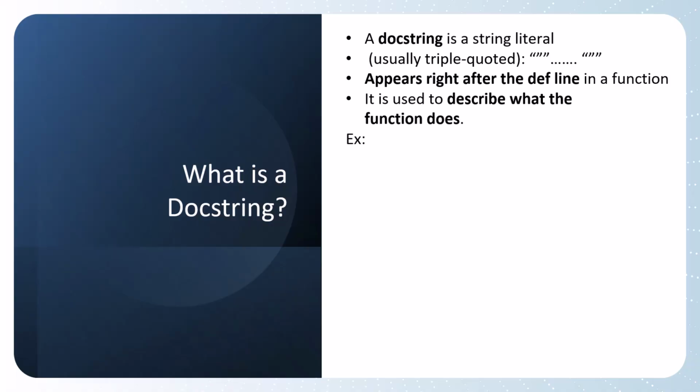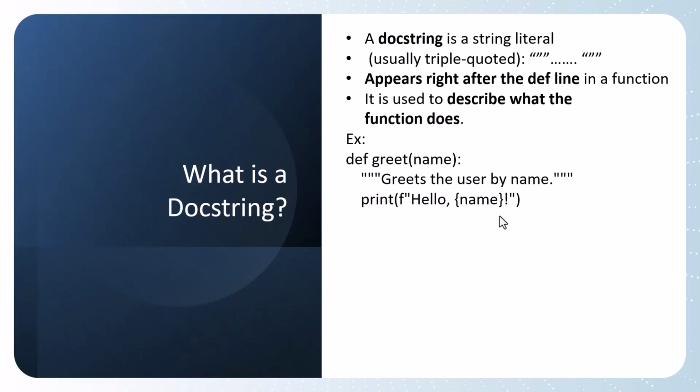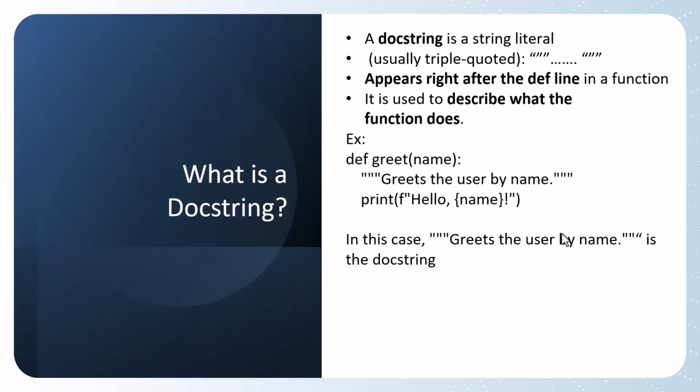It's just like a comment, another way of defining what the function does. So def greet name greets the user by the name, and prints hello name. In this case, the triple quotes before and after, and everything in between, is the docstring.